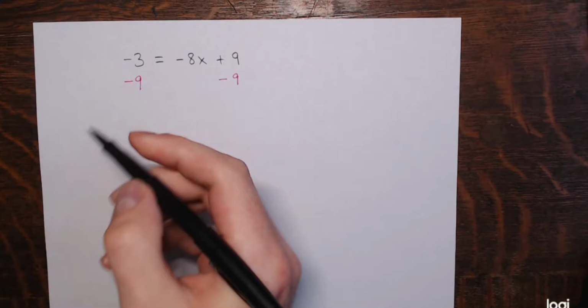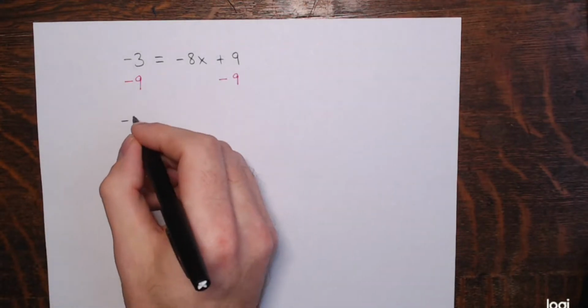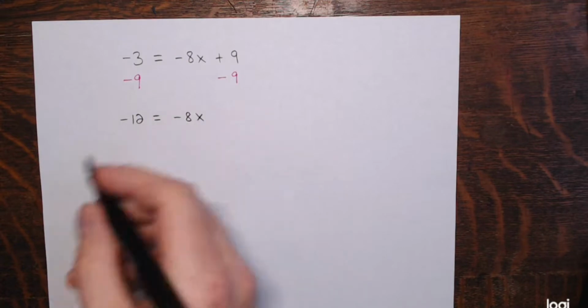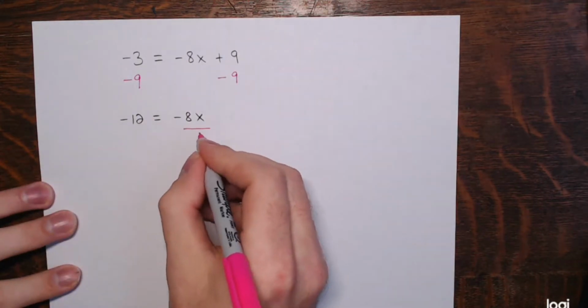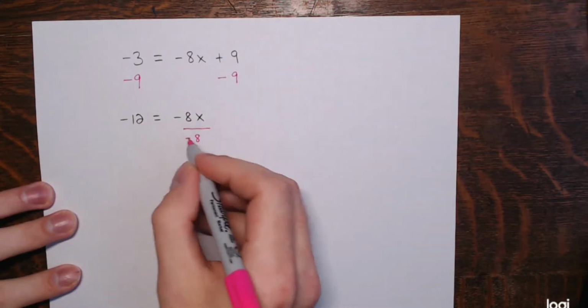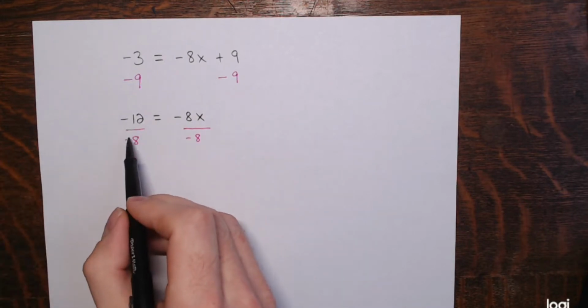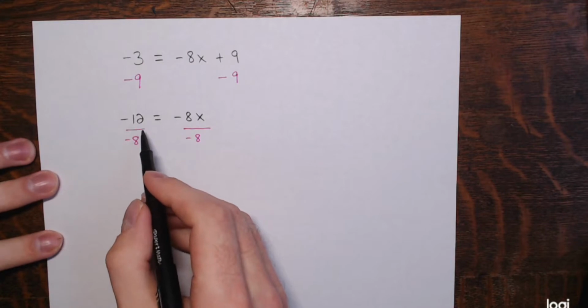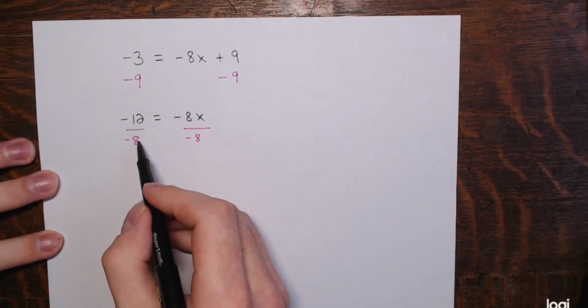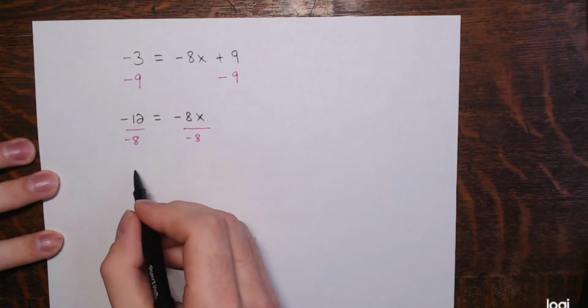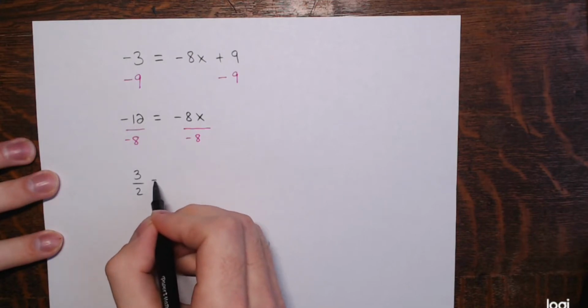So negative 3 minus 9 on the left is negative 12 equals negative 8x, and then divide both sides by negative 8 to get the coefficient of x to be 1. Now remember, a negative divided by a negative is positive, and 12 divided by 8, those have a common factor of 4. Divide by 4, that's 3 halves. Positive 3 halves equals x.